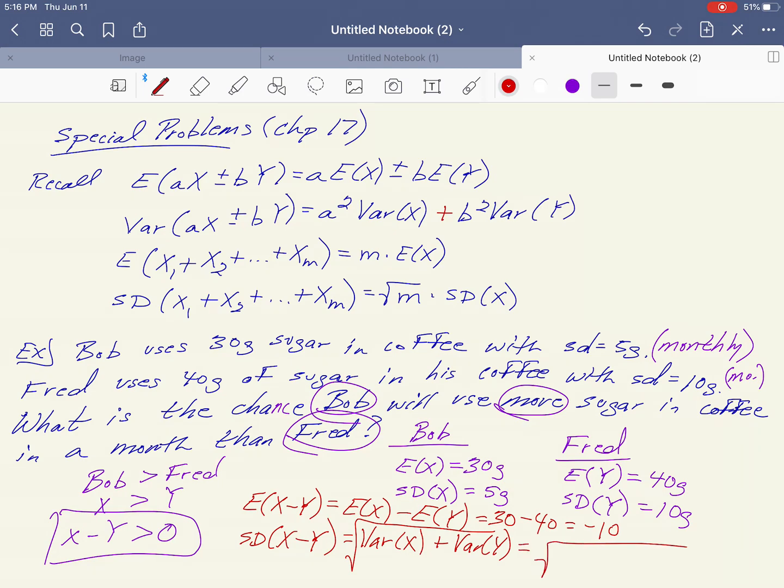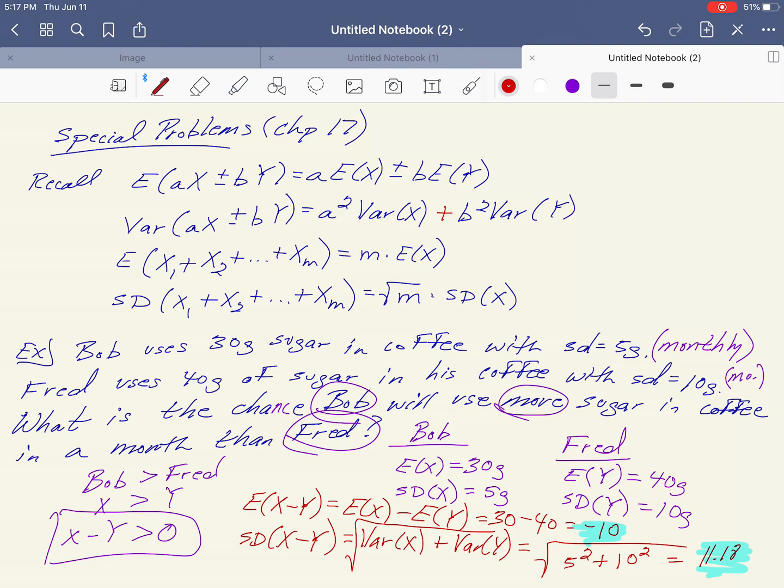So what we have is the square root of 5 squared, the variance for Bob, plus 10 squared, the variance for Y. And that comes out to be a standard deviation of about 11.18. That's the main trick to the problem, just like before.